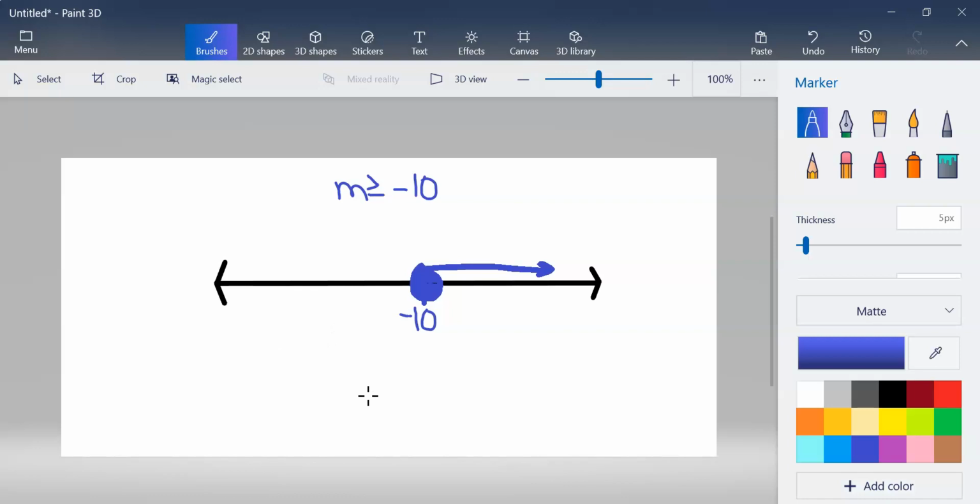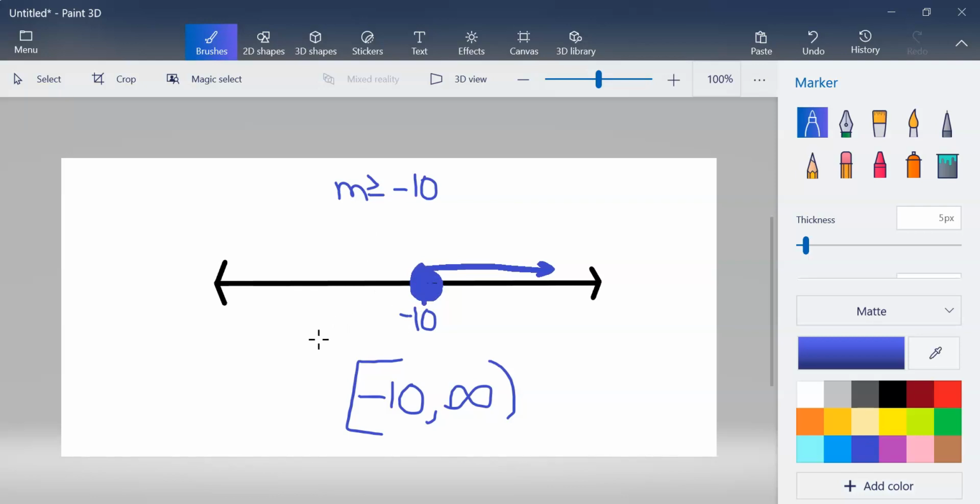And then for the interval notation, we start at negative 10 and go all the way to positive infinity, which is just infinity. Parentheses always with infinity, but because I can plug in negative 10 and get a true statement, I want to signify that with a square bracket. Some people call this a closed bracket and this a closed circle, because it's a filled-in circle and we can plug in negative 10.